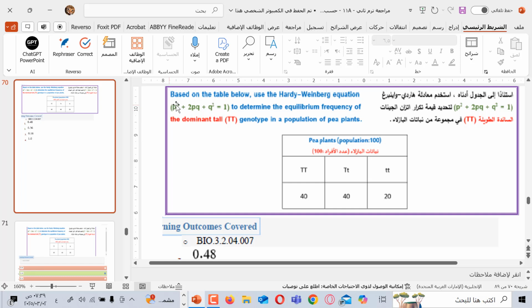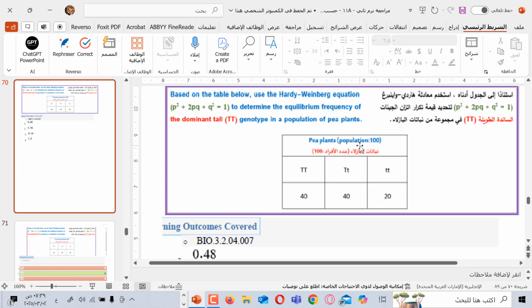This means he wants P square. Genotype in the population of bee plant. The bee plant population is 100. Okay, this is the whole, so I write 100 as the total.